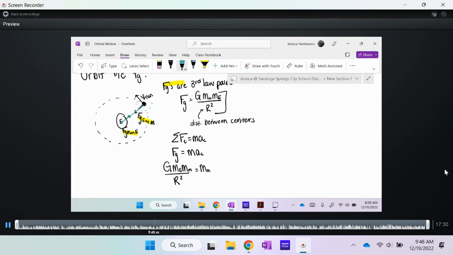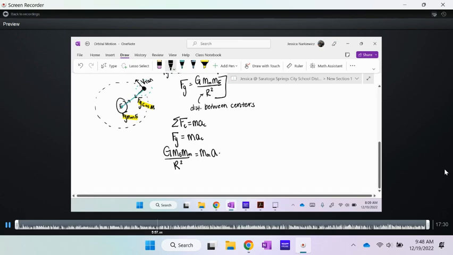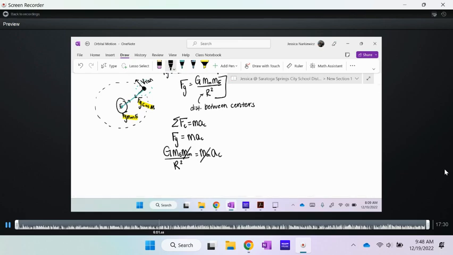And remember, when we're doing a net force equation, it's the mass of the system times the acceleration. My system here would be just the moon. So times a_c. What ends up happening is the mass of the moon cancels out. And I get GM over r squared, where M is the mass of the Earth, and that is my centripetal acceleration. This should look familiar to us because that is also gravitational field strength.